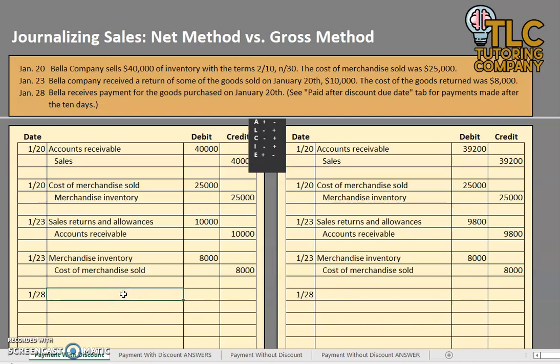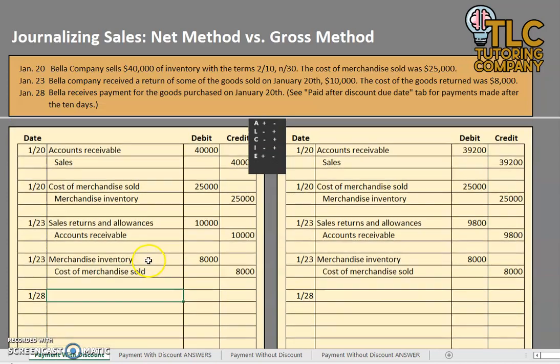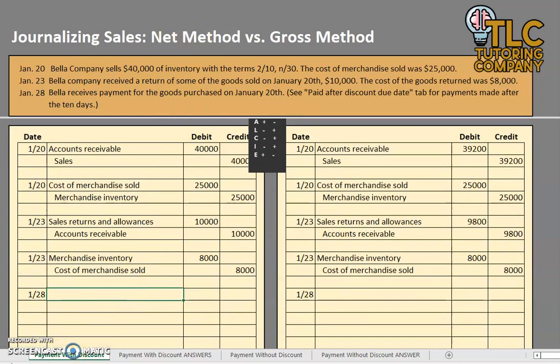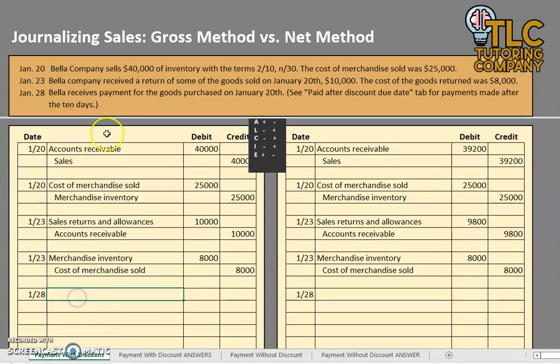All right, here is where we actually get into a pretty major difference between these two methods. If we are using the gross method here, which I'm actually going to change this title real quick to go in that order, once we get down to the date of payment, we do have to go back and see if it was within the discount period.